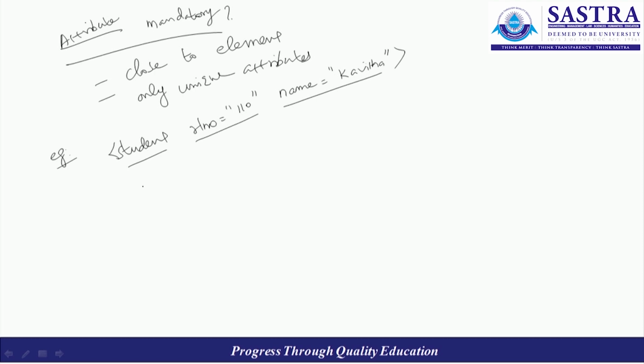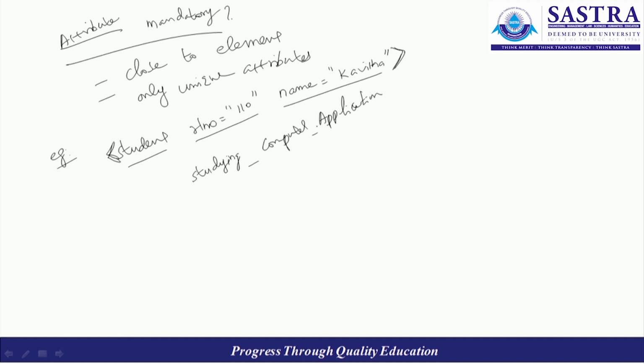And here, after closing this tag, I am giving studying computer applications. Right. So what is this? Studying computer applications. Can I have a space? Yes, we can have a space.